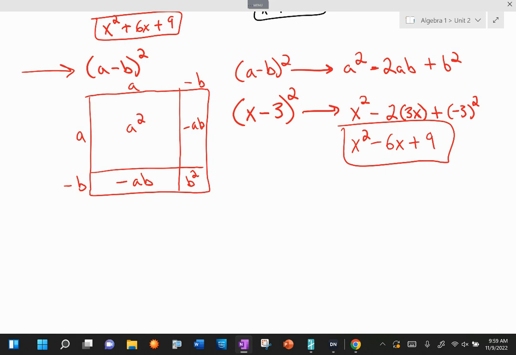Now there are some more examples that we need to go over, so let's go over them. Okay, so let's say we have 3x plus 4 squared.